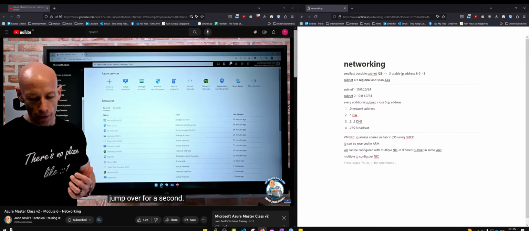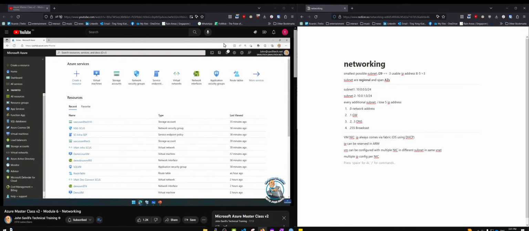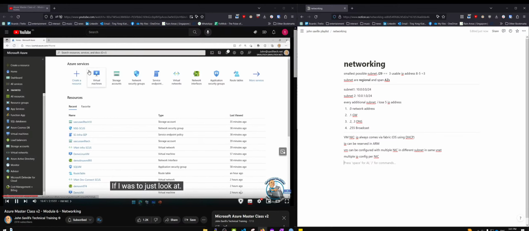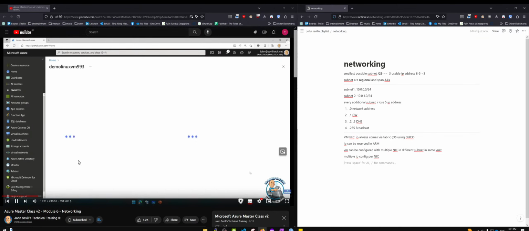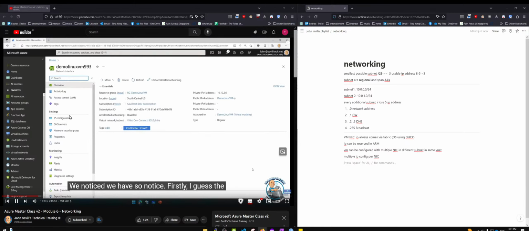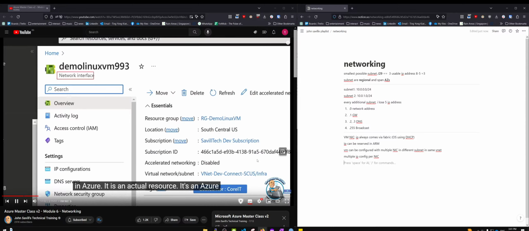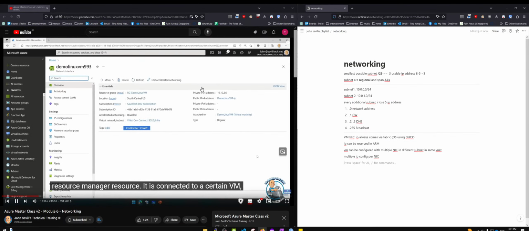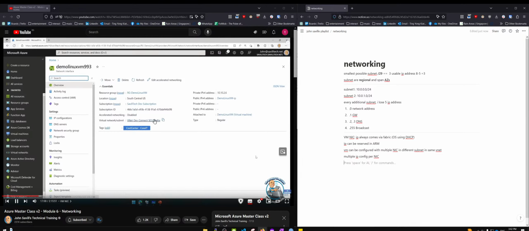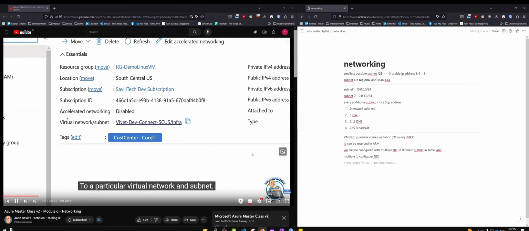And if we jump over for a second, if I was to just look at this demo NIC right here, notice firstly, I guess the important thing here is the NIC is its own resource in Azure. It is an actual Azure Resource Manager resource. It is connected to a certain VM. It's bound to a particular virtual network and subnet.